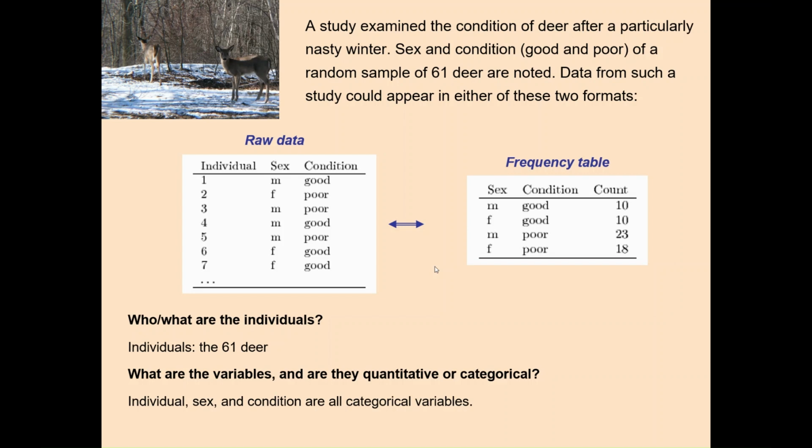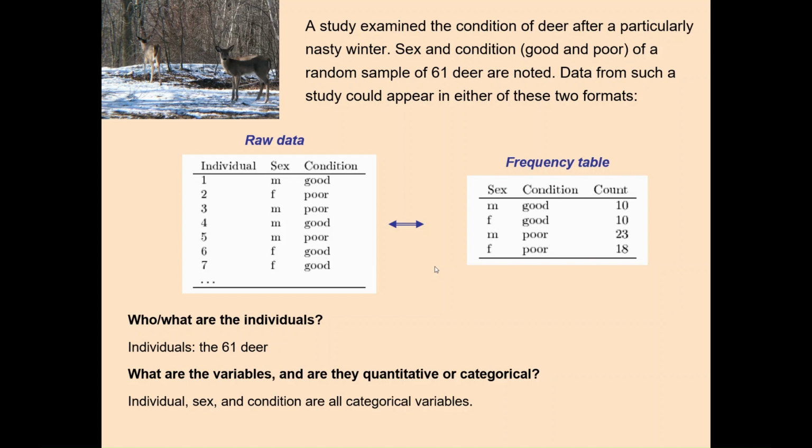You can see down here, the sex and the condition are categorical variables. Actually, I missed one. The individual itself is technically a variable as well. They each have their own corresponding number there, deer one, deer two, deer three. Just like with the electric vehicles, we had the different models.